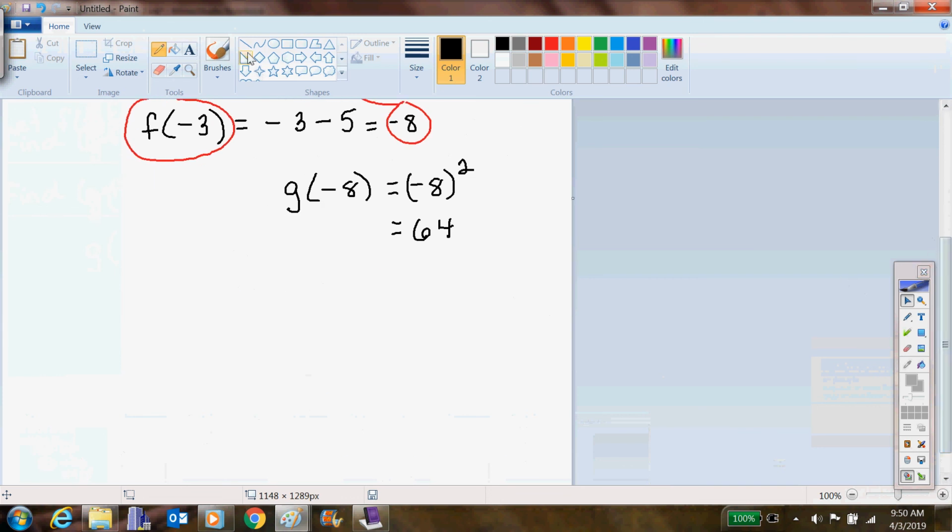If we did, without even the functions in front of us, C of D of X, this would be rewritten like this. So which one is being done first in this math? Discount. So this one would be discount first.